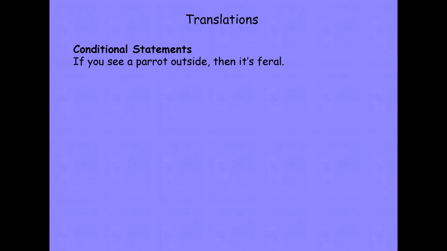That's a conditional statement. Our antecedent is if you see a parrot outside. Our consequent is it's feral. So we use our universal affirmative. We take our antecedent and describe that as a class. In this case, I use parrots.